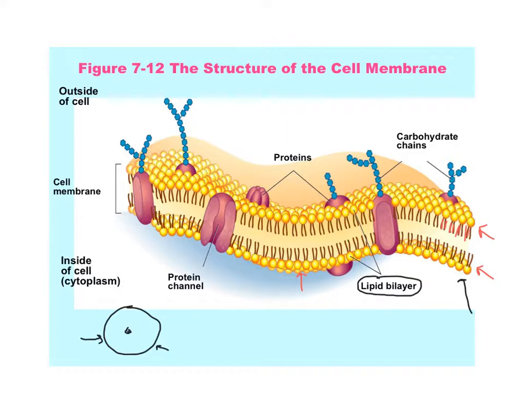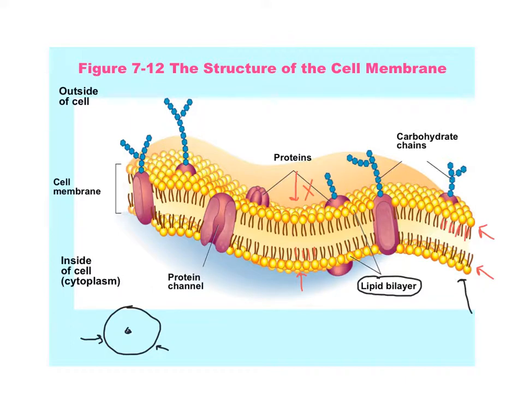Now, if you notice, these little balloons and strings, they're really close together. And I hope you remember from our water lab, where when you put a drop of water on wax paper, the water would not stick to the wax paper because water is polar, and wax, which is a lipid, is nonpolar. So these lipid tails, these little strings, they block things from going in and out.